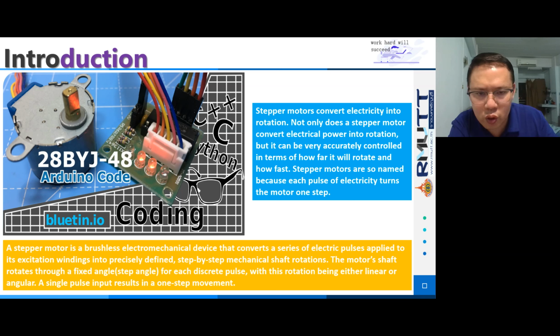The motor's shaft rotates through a fixed angle, the step angle, for each discrete pulse, with this rotation being either linear or angular. A single pulse input results in a one-step movement.